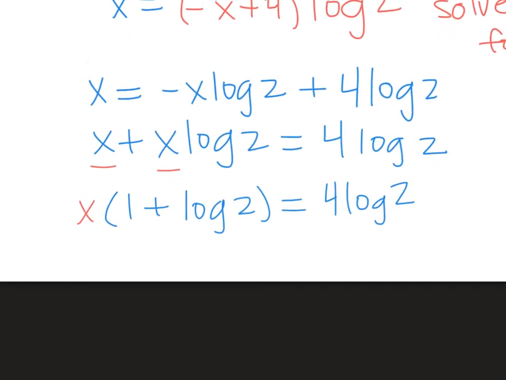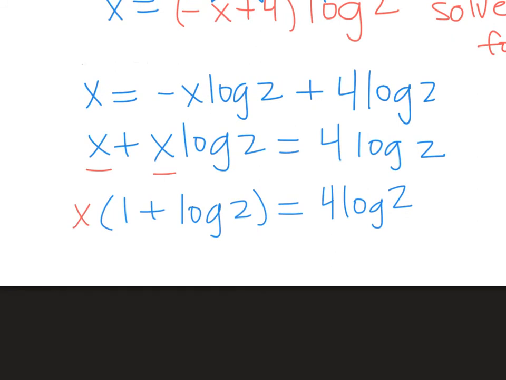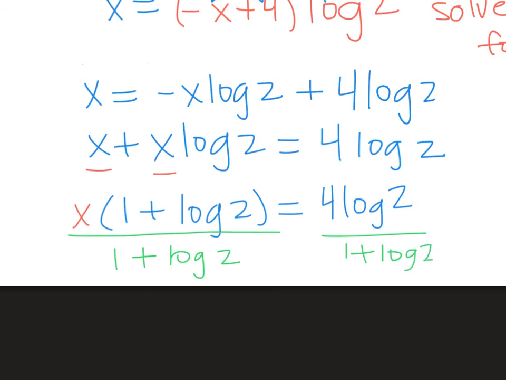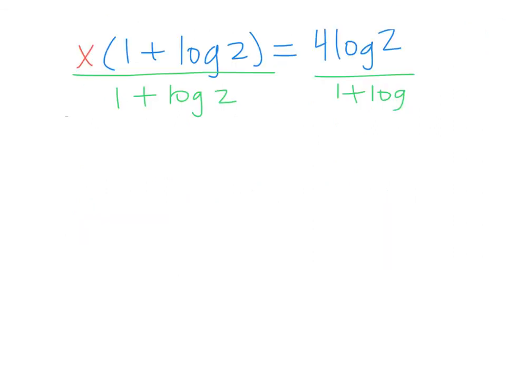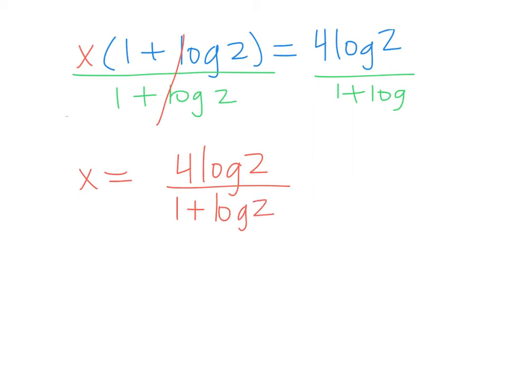All right, now to get x by itself, we are just going to divide both sides by 1 plus log 2. All right, so on the left, 1 plus log 2 is going to cancel top and bottom, and we will be left with x equals 4 log 2 over 1 plus log 2, and I'm seeing I left off the 2 here.